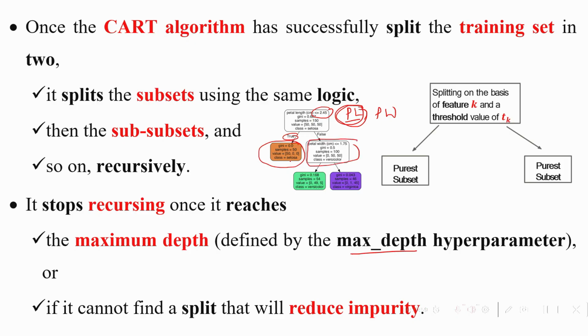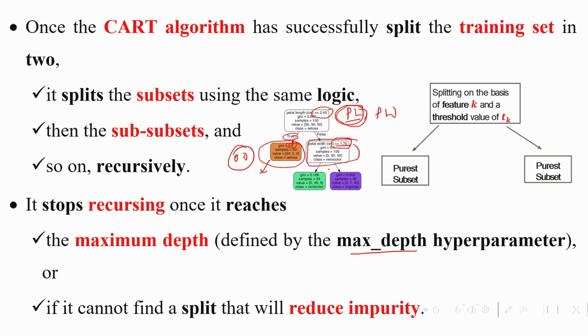Here the Gini index value is 0.0. That means all the elements belong to the same class, so we cannot split further into subclasses. Why? Because the Gini equals 0.0. But coming to the other branch, based on this condition, we check one more condition.